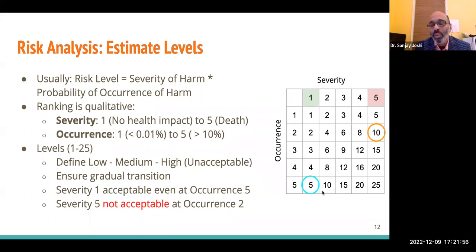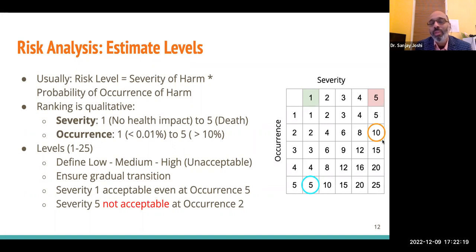So this blue circle here should not be a high. On the other end, if something is very high in severity, a critical injury or death, at 1 you should still be able to ship because it's less than 0.01%. But at 2, you probably should not be shipping that product. So this automatically becomes a high.